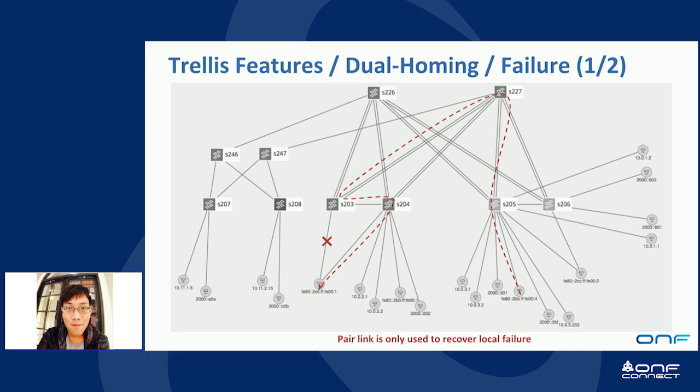So this is what we call local failure. You have a failure on a link between a host and a leaf switch. So we only use pair link for local failure. So let's say if you have a global failure, let's say if you lose the link over here between 203 and 227. In this case, not only this host, but actually all the dual home hosts on S203 are not reachable through 203 anymore. So in this case, Trellis is going to do a kind of a reroute from the other end.